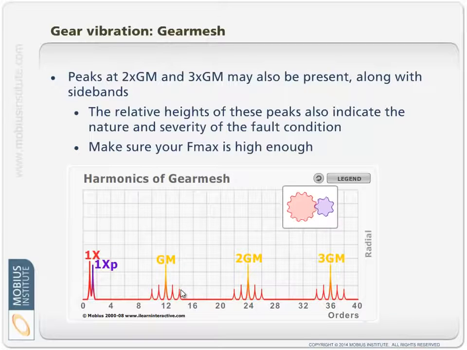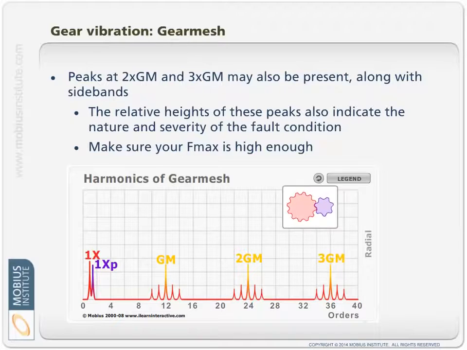In addition to the gear mesh peak and the potential for those sidebands, we may see a peak at twice the gear mesh frequency and 3 times the gear mesh frequency, and in fact we may see one at 4 times and 5 times the gear mesh frequency.